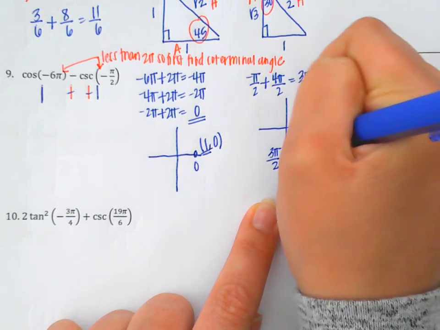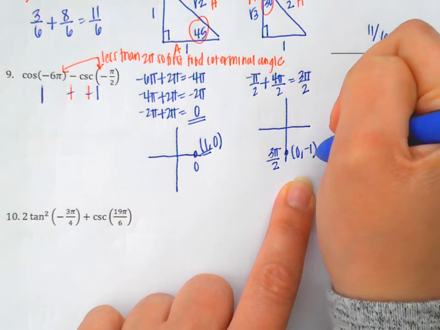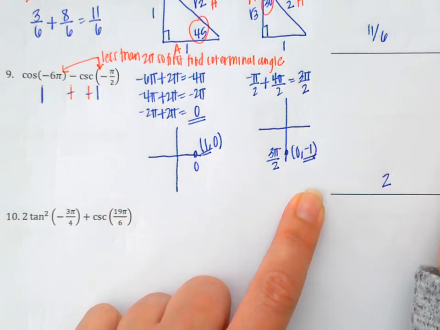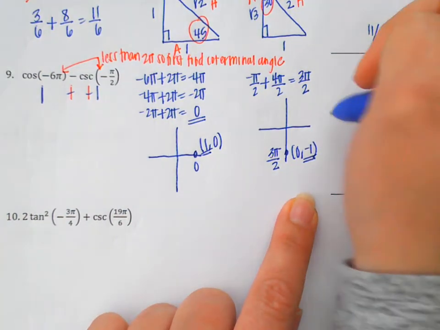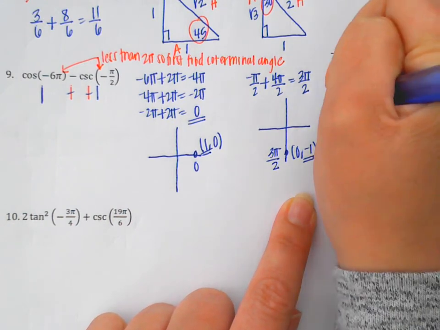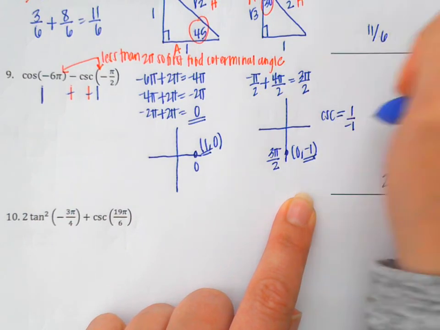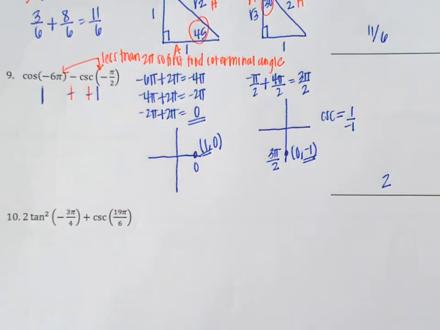And that point is 0, negative 1. And cosecant is the reciprocal of sine. We're looking at the y value. So this is negative 1 over 1. So cosecant would be 1 over negative 1, which just equals negative 1.